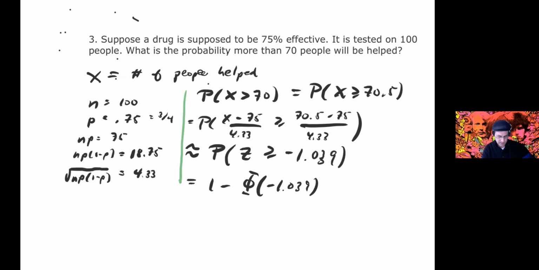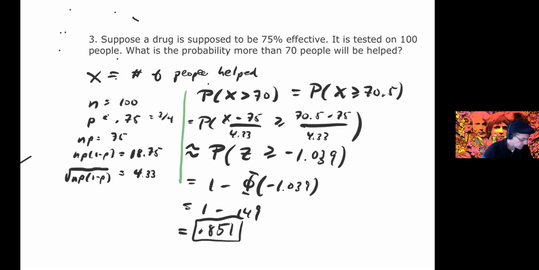And this is 1 minus 0.149 if you calculate it on a statistical calculator, and that's 0.851. So the probability that more than 70 people will be helped is about 85%, 0.85.